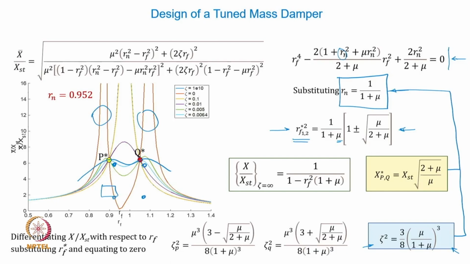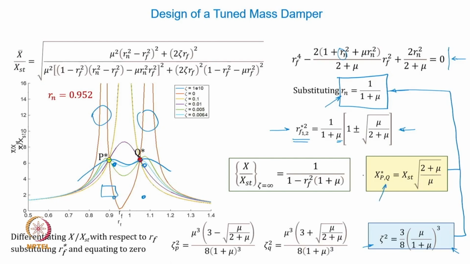First is tuning the absorber so that the natural frequency ratio is given by this expression. Now there are two ways. One is you fix the value of mu and then find out this ratio and figure out what maximum amplitude gets reached.